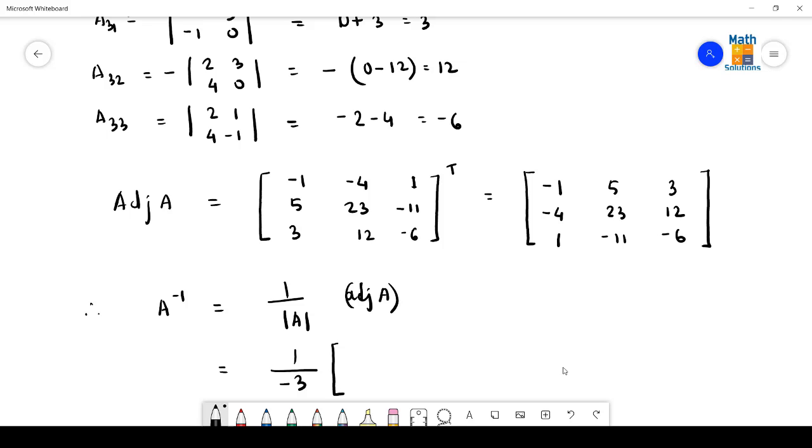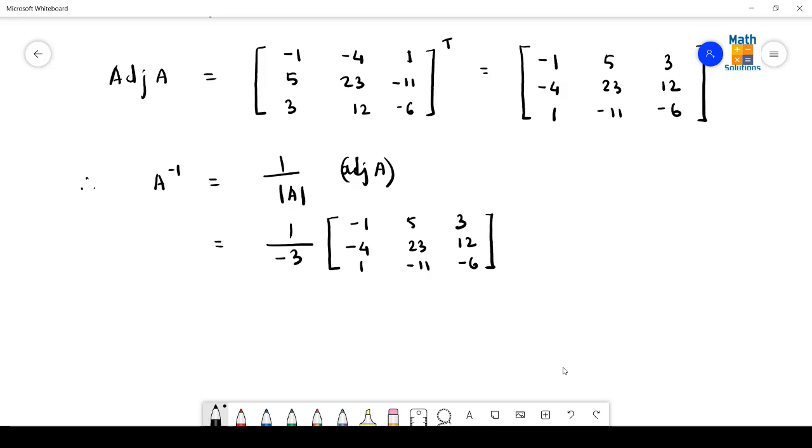So here I put the determinant value and the matrix for adjoint of A. It is minus 1, 5, 3, then minus 4, 23, 12, then 1, minus 11, minus 6. So this is how we can get the result for the inverse of the given matrix. So this is the answer.